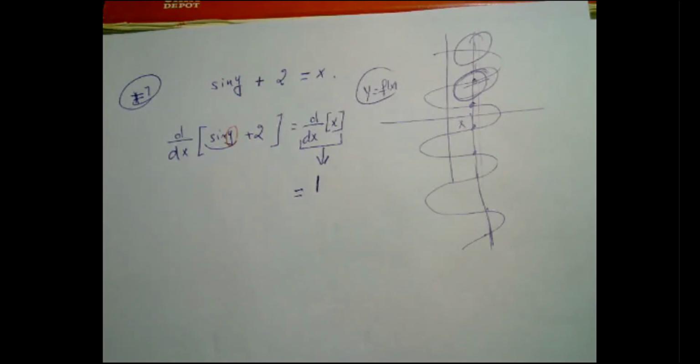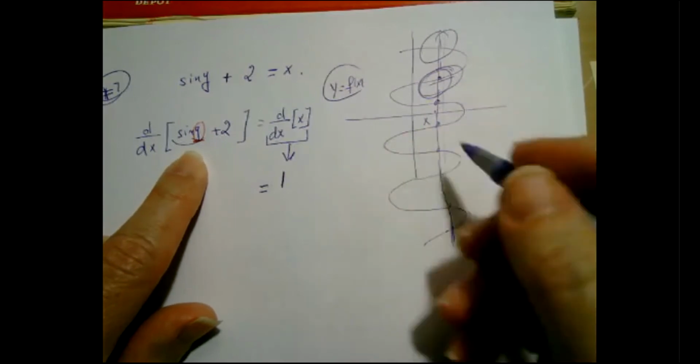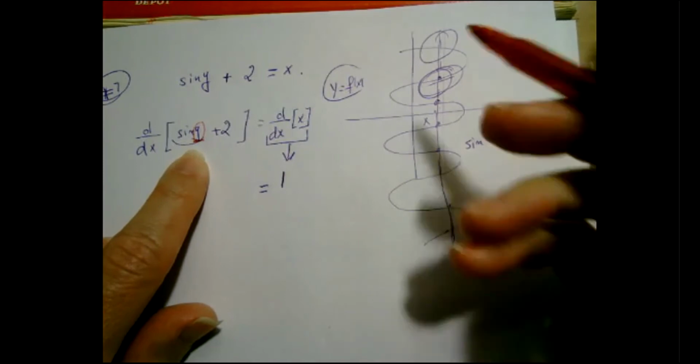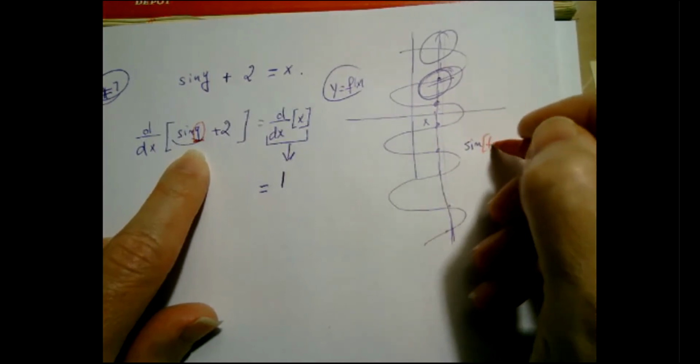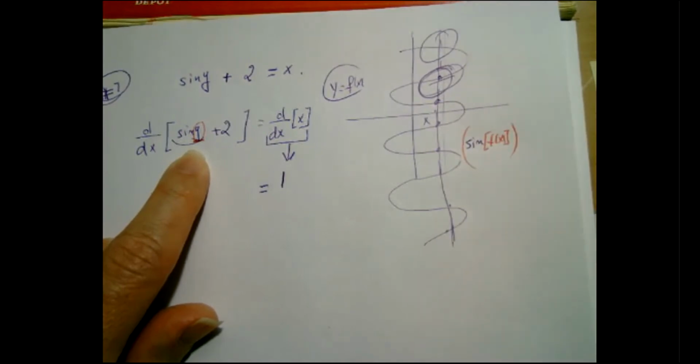So what is the derivative of sine y? No, Kian, it's not. Why is it not? Because it's not a y in here. What's here is actually sine of f of x. That's what you have.